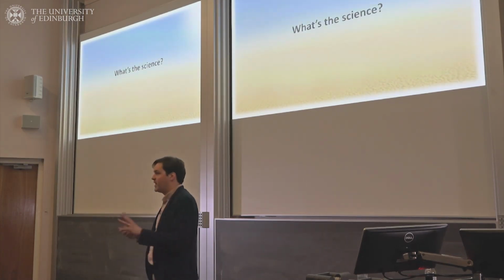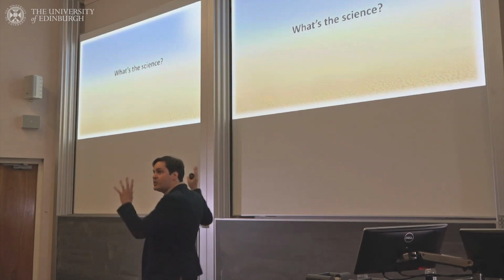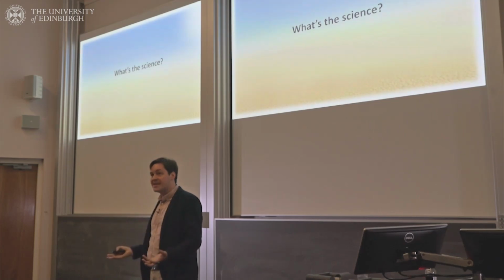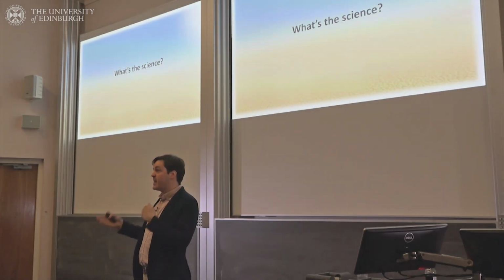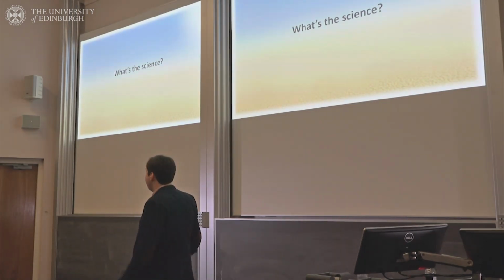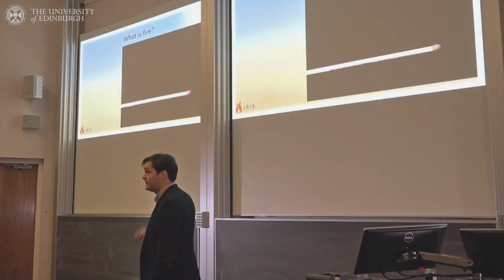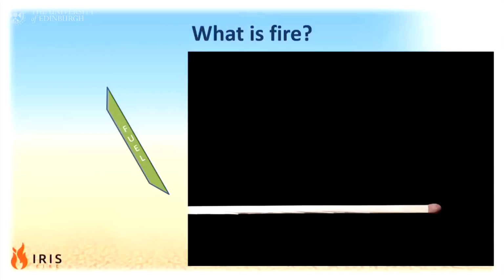So what's the science behind fires? I've given you the context of what urbanization is and what resilience is, but I want to take us back to what a fire actually is. So hopefully you all know what this is. Yeah, this is a match. And we have fuel in that match. The stick is the fuel.